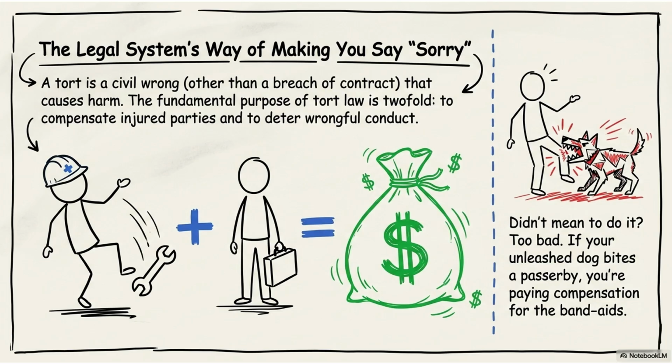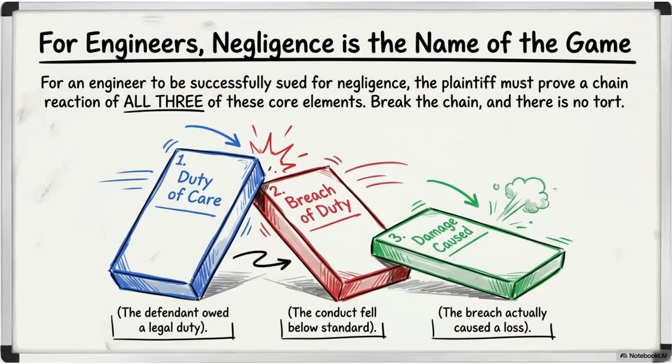So it doesn't have to be a crime, doesn't have to be a breach of a contract, just a mistake that causes harm. The main purpose of it is to compensate the injured parties and also to deter wrongful conduct. So everyone be careful while they do their due diligence.